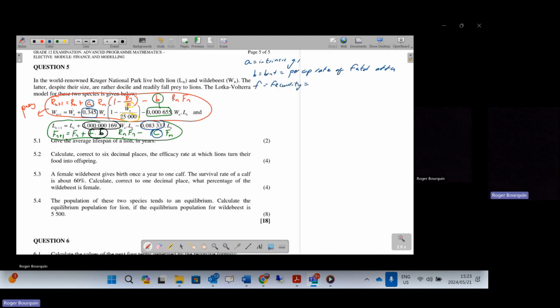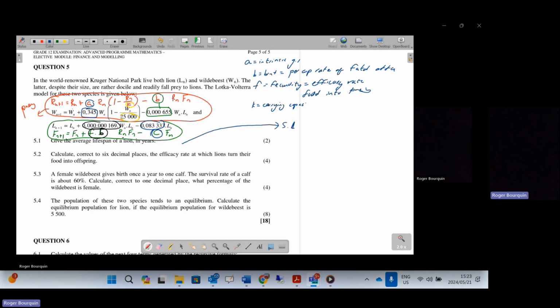In other words, the efficacy rate of turning food into new babies, and K is your carrying capacity of the land to host the prey. So those are our parameters. Make sure you're comfortable with those definitions.